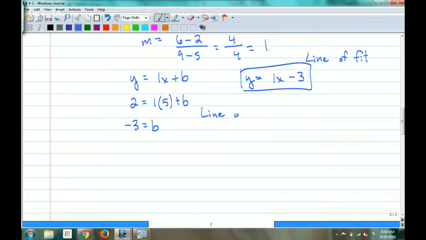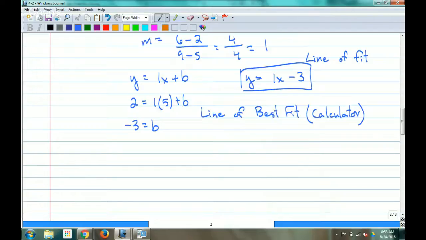A line of best fit, that's going to be done with the calculator. All right, so if I ask you for a line of fit, I'm just talking about you find the line. You manually do that. I'll tell you which 2 ordered pairs to use. If I say line of best fit, that's the graphing calculator is going to do that.